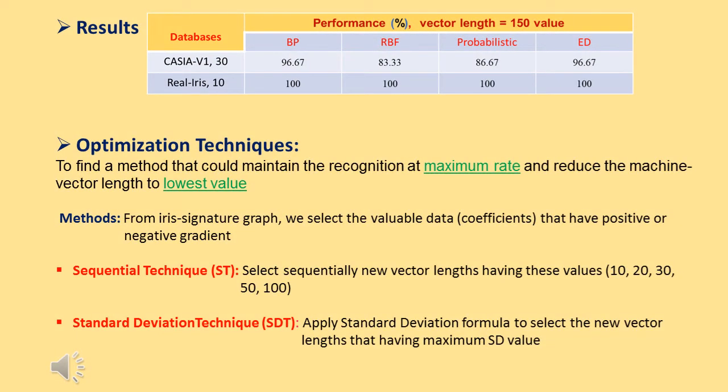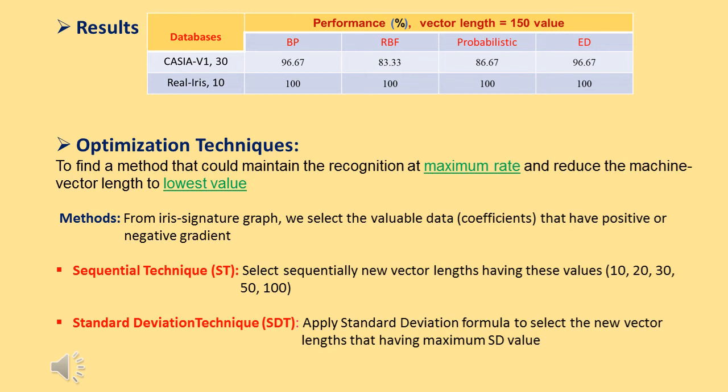The primary result of the accuracy of our proposed system shows that backpropagation and Euclidean distance satisfied the maximum accuracy rate at 96.67% for the CASIA database, while the real iris satisfied 100% because of the high resolution of iris images.